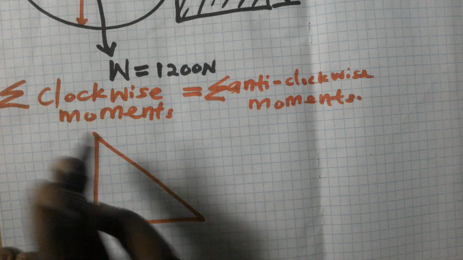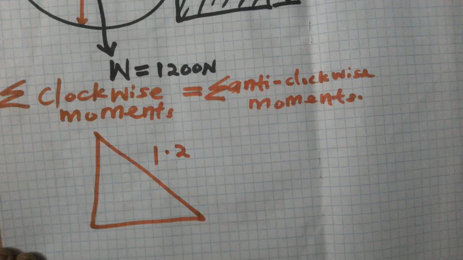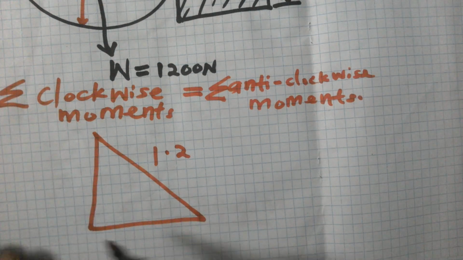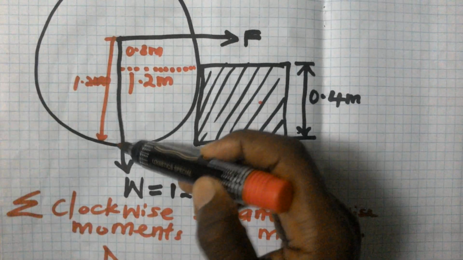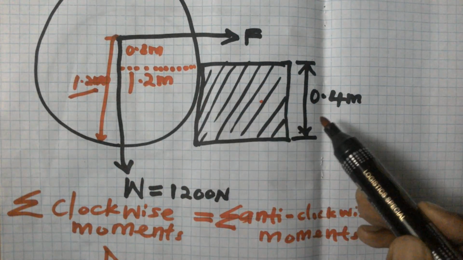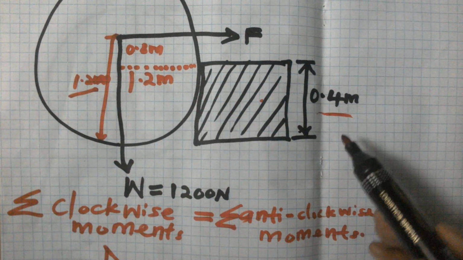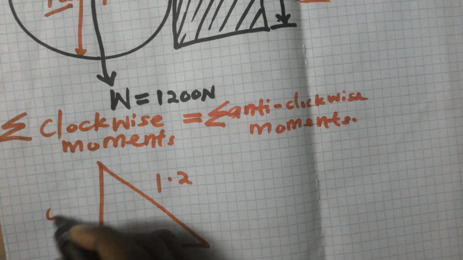We have been told that the radius of the circle is 1.2, so it just remains to be 1.2, and this distance from here to here is also 1.2, but this metal block has taken 0.4, so what are we remaining with? We are remaining with 0.8.